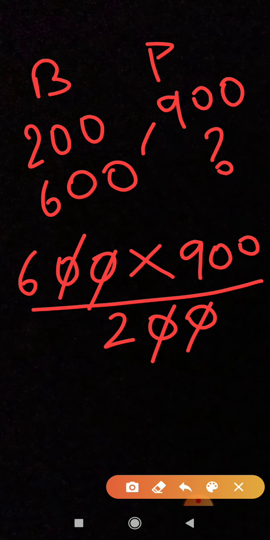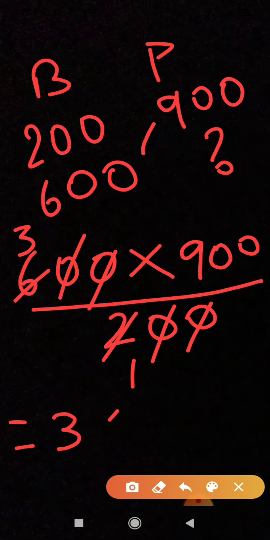Now you need to find out 600 bricks cost. Again cross multiplication, 600 multiplied by 900 divided by 200. So again we cut 2 zeros. 2 ones are 2, 2 threes are 6.